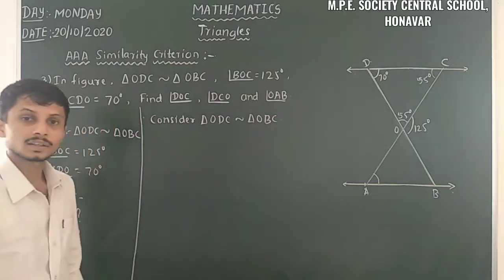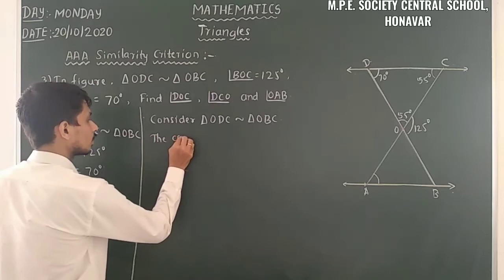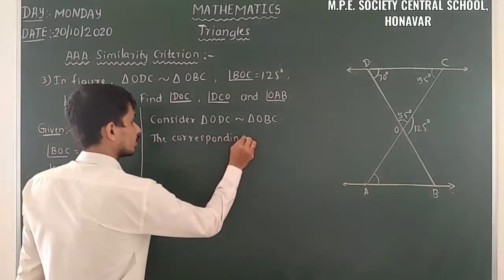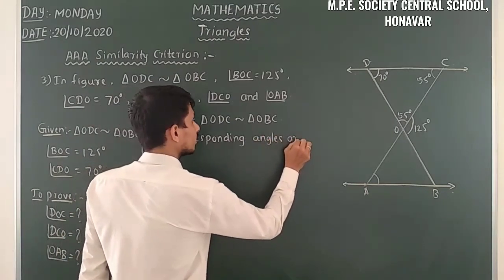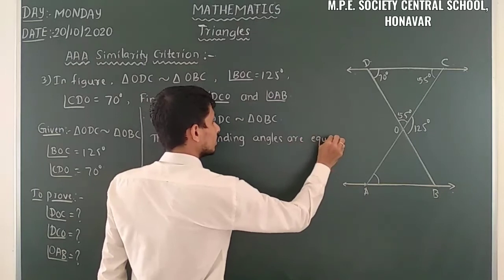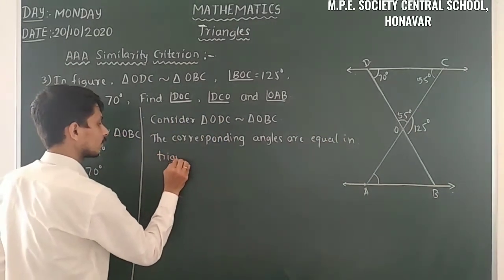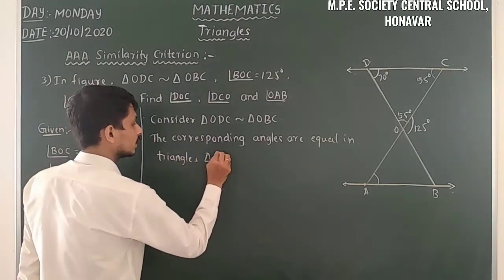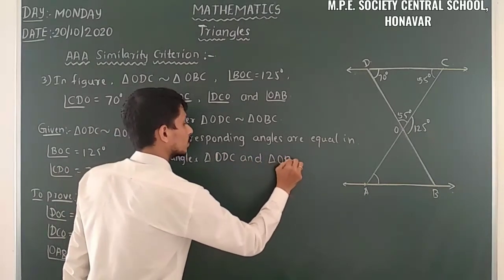So here the corresponding angles are the same. The corresponding angles are equal in triangles ODC and OBC.